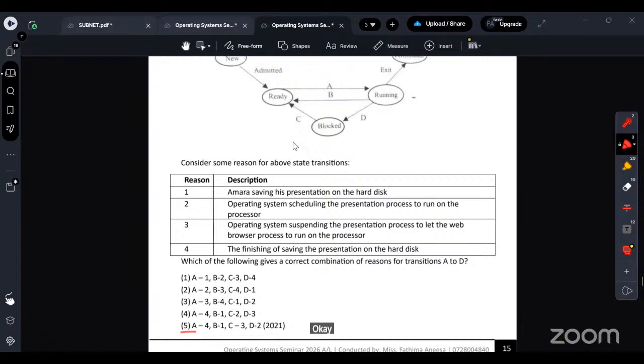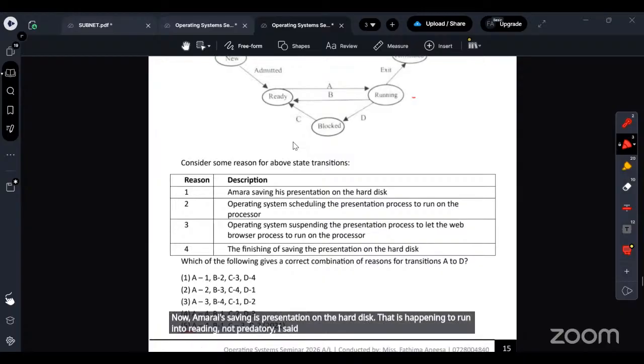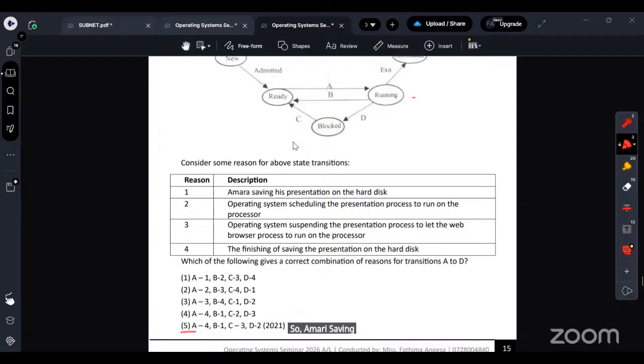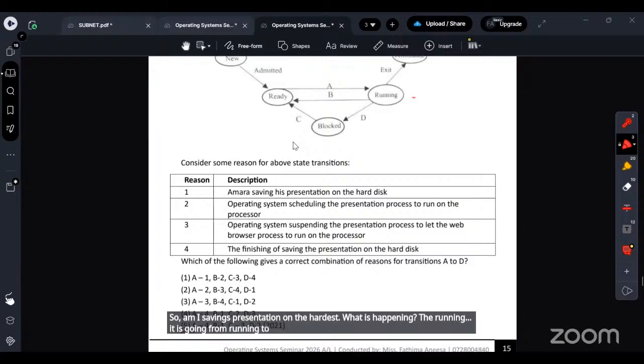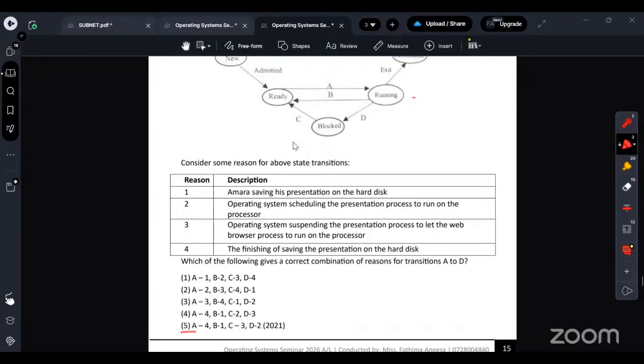Okay. Now, Amara is saving his presentation on the hard disk. That is happening from running to ready, not ready to running. I said the opposite way. Sorry. So what is happening? The process is going from running to ready state, right, when you save it. Now, from ready to running, what is happening?